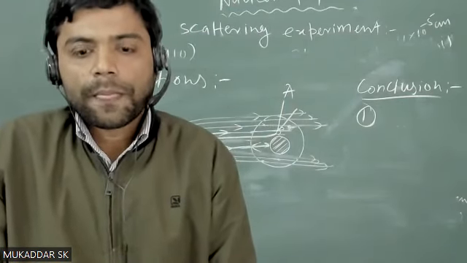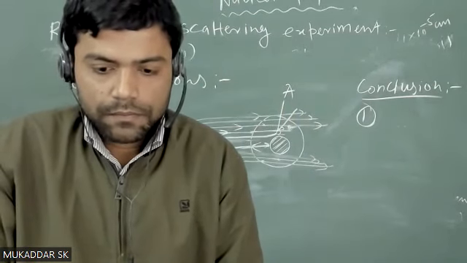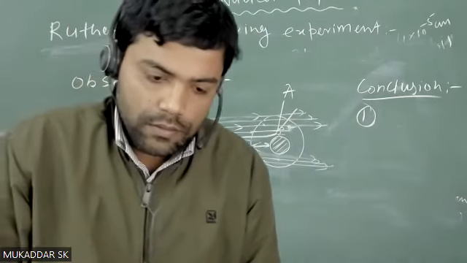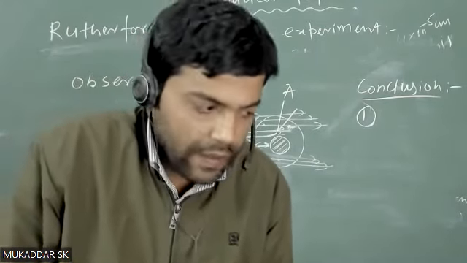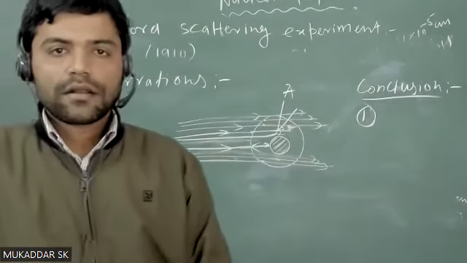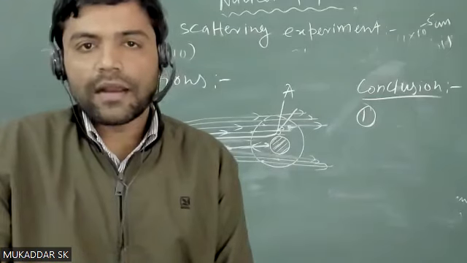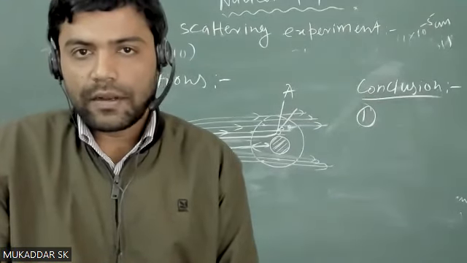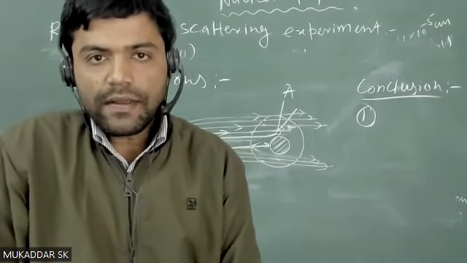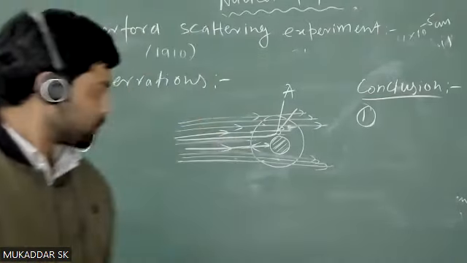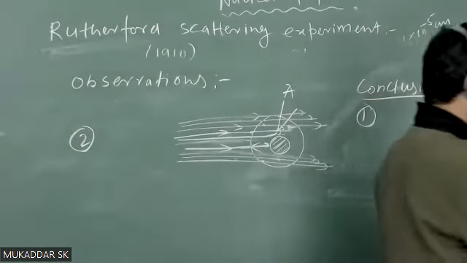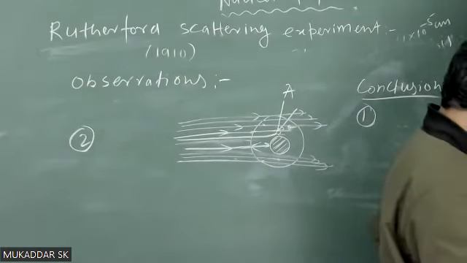It means most of the part of the atom is empty. Exactly. So the first conclusion from the first observation is that most of the space inside the atom is actually empty. Now from the second and third observations, what will be the conclusion?